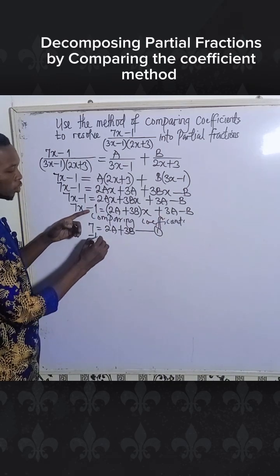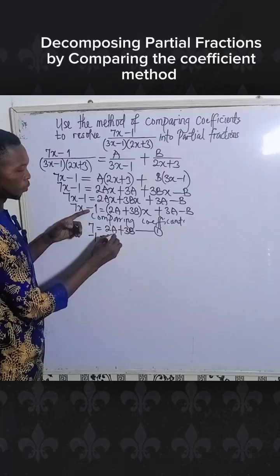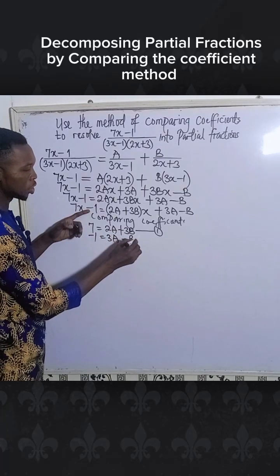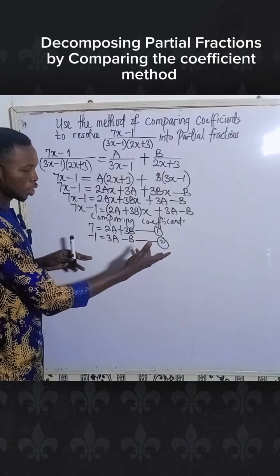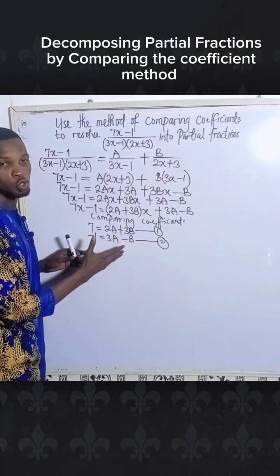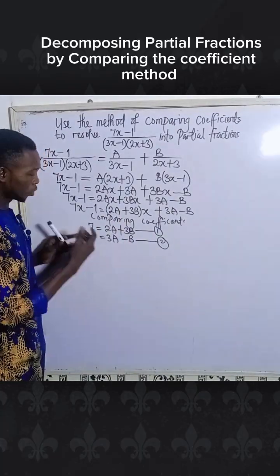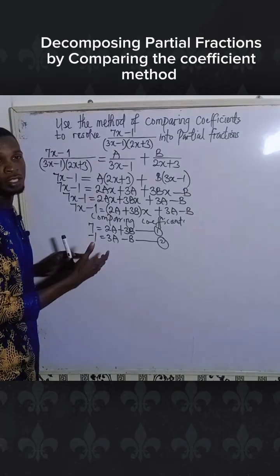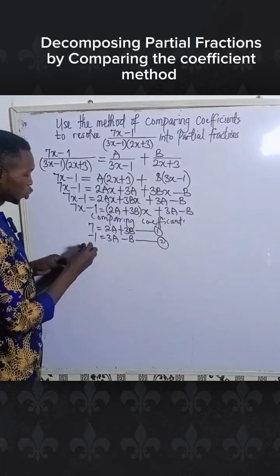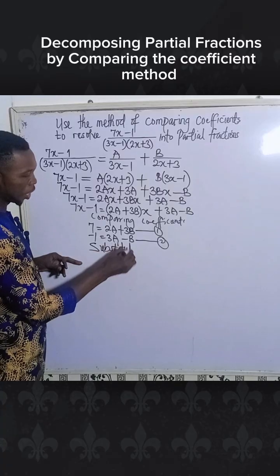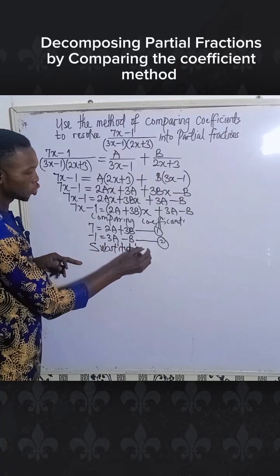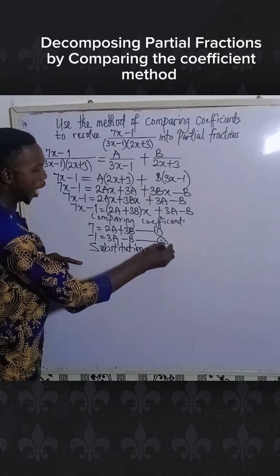You have minus 1 equals 3A minus B, and this will be equation 2, right? You can use any method of simultaneous equation to solve, either by elimination method or by substitution method. So I'm going to use the substitution method.